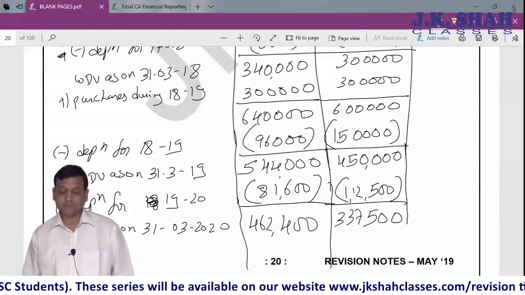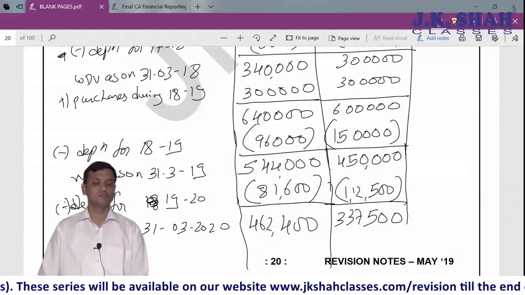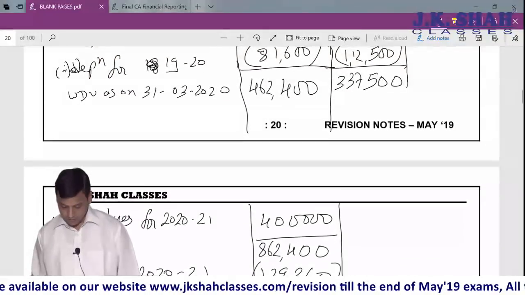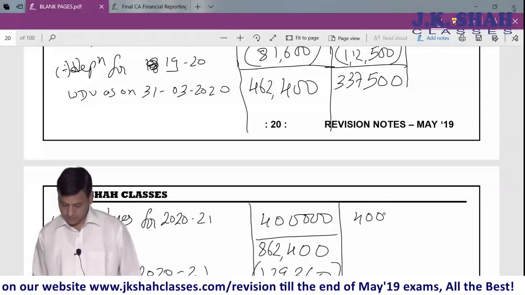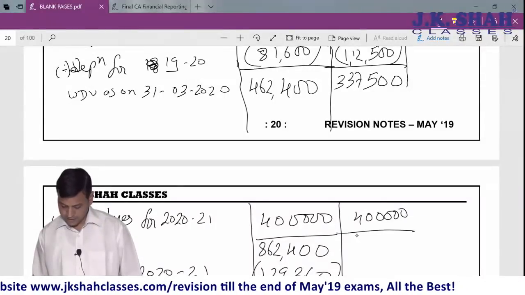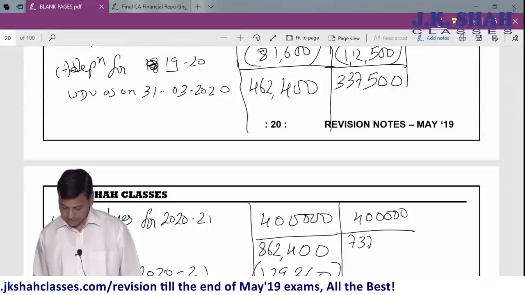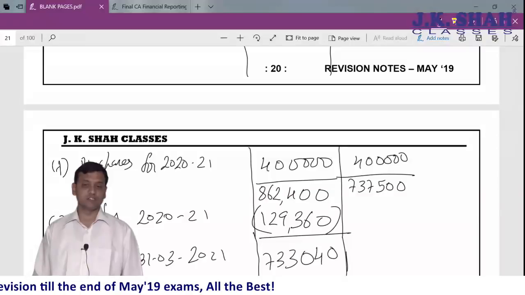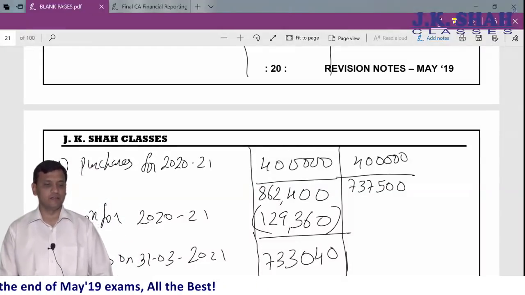Then we have purchased again 4 lakhs, so 7 lakh 37,500. 25% of 7,37,500.